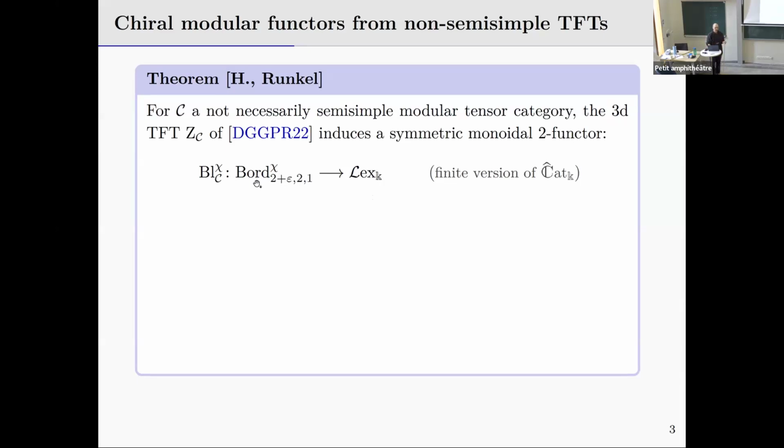Objects here are just closed one-dimensional manifolds, so finite disjoint unions of circles. One morphisms are Bordisms between them, so surfaces with parametrized boundaries. And now we also have two morphisms. In contrast to Marco, we will not take Bordisms between Bordisms. We will only take diffeomorphisms up to isotopy.